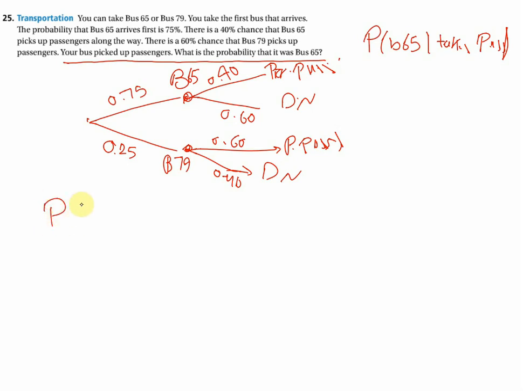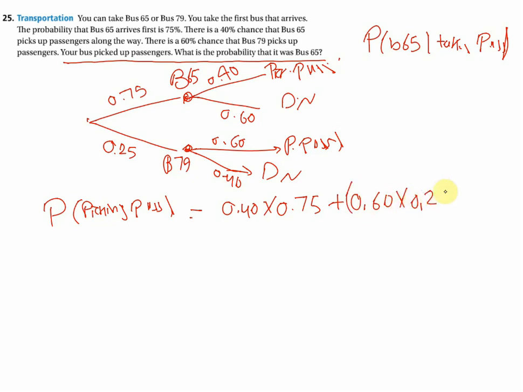The probability of picking up passengers is 0.40 times 0.75, because it is picking up passengers and bus 65, plus picking up passengers and bus 79, which is 0.60 times 0.25.